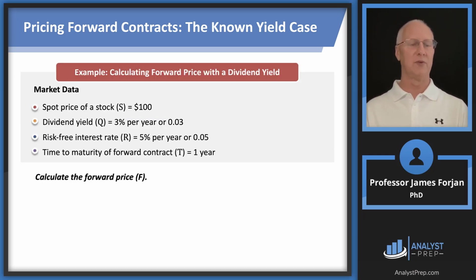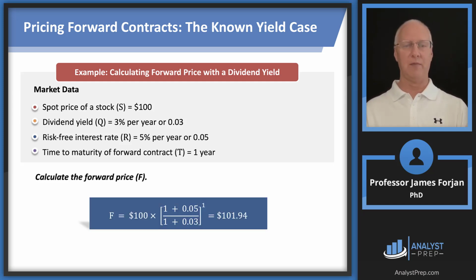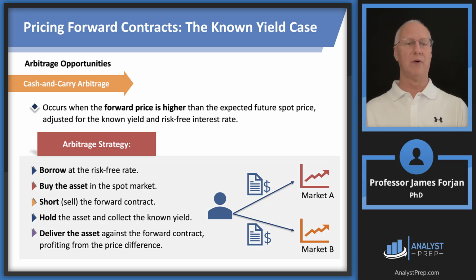So let's do a quick example. We have $100, but now instead of a dividend cash payment, we have a dividend yield. Risk-free rate, time is still the same. So what we're going to do is simply take the ratio of those compoundings, right? So 1.05 divided by 1.03, right? So we take that compounding ratio, and we get a forward price of 101.94.